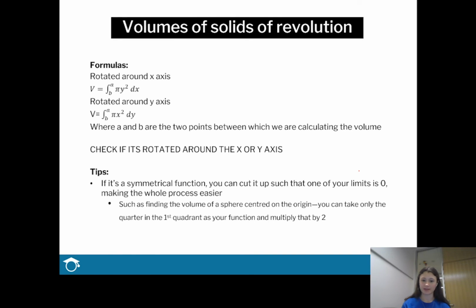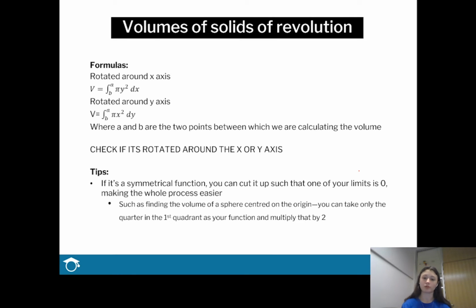So what I'm talking about here is if you needed to find the volume of a sphere that was centered at the origin, maybe if you're rotating around the y-axis, instead of making your limits the two y-intercepts of the circle, what you can do instead is only use the quarter of the circle which is above the x-axis, and then multiply that whole volume by 2.